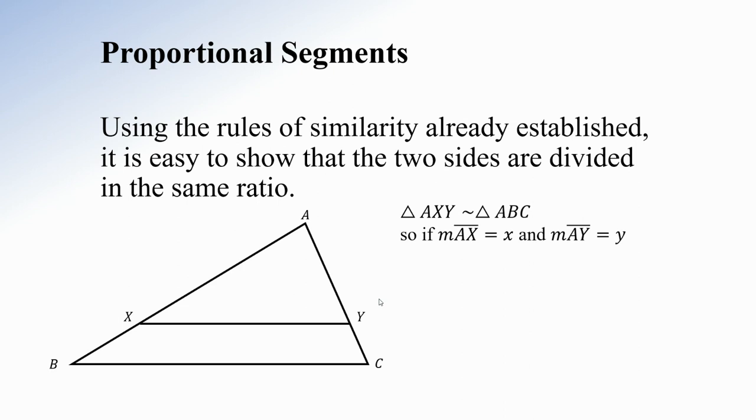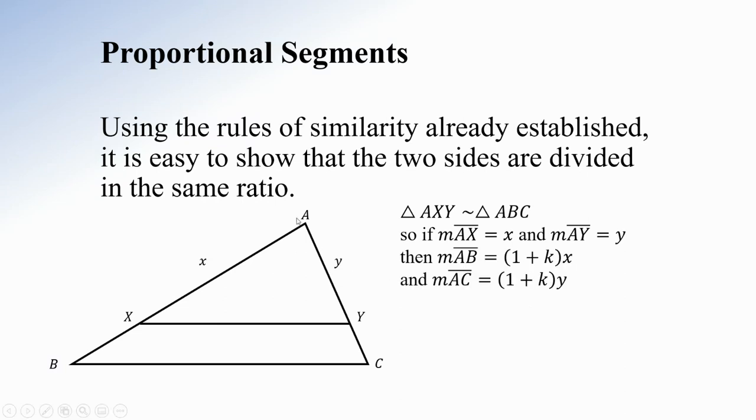So, given that they're similar triangles, if we say that the measure of side AX is x and side AY is y, then there must be some multiplier that changes AX to AB, some scale factor. For reasons that will become clear in a moment, I'm going to say that scale factor has value 1 plus k.